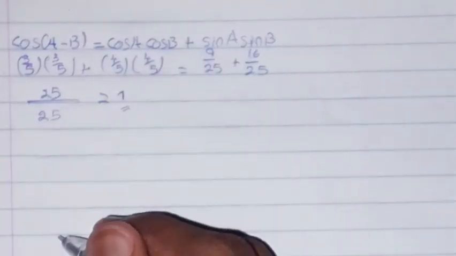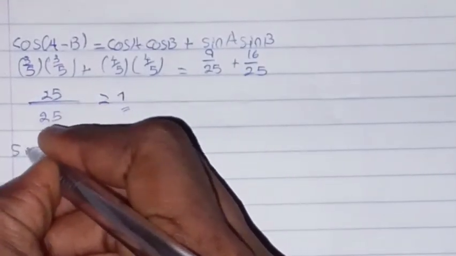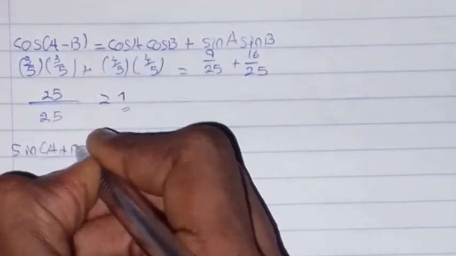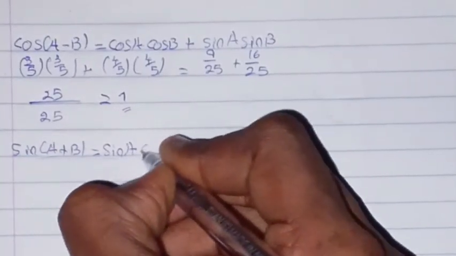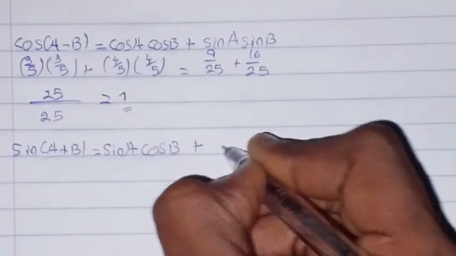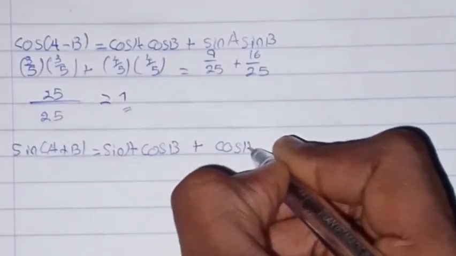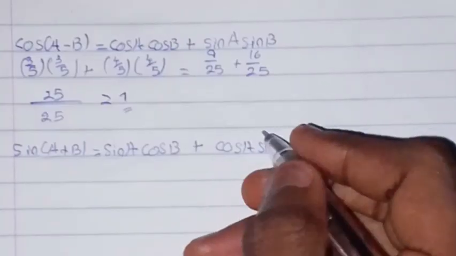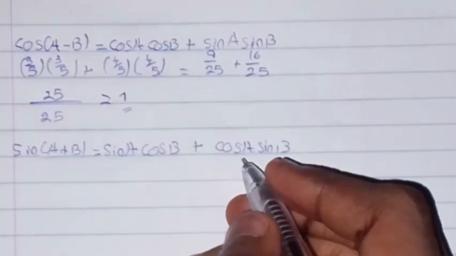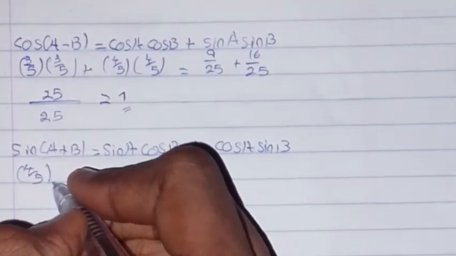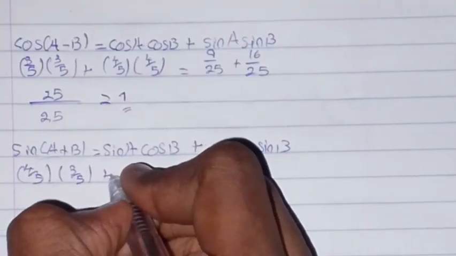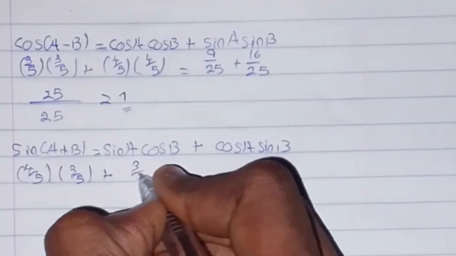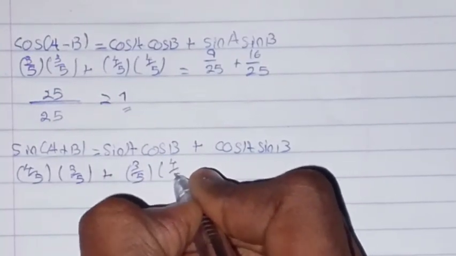As for the third question, we should find sin A plus B. First we need to expand. Expanding this is sin A cos B, as we said before, plus cos A sin B. We said sin A was 4 over 5, multiplied by cos B, which is 3 over 5, plus cos A, which we got as 3 over 5, and sin B, which is 4 over 5.